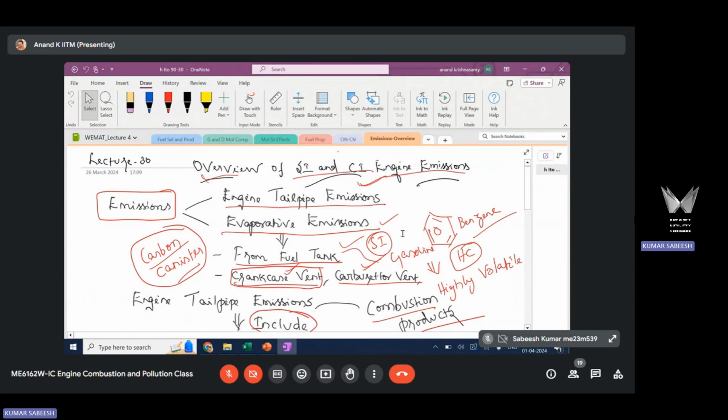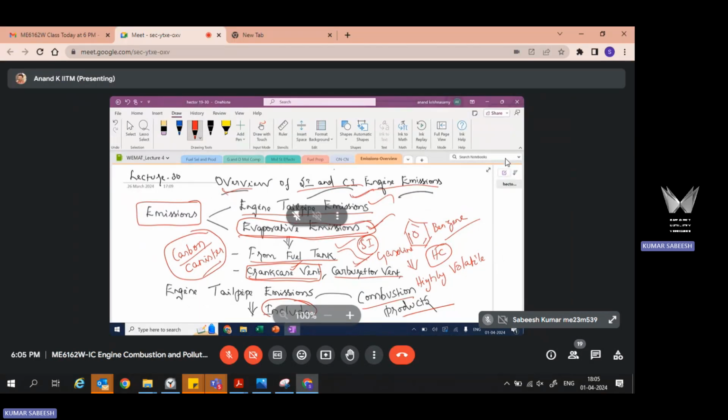The last class I have provided an overview of SI and CI engine emission. So we know these emissions from IC engines are broadly of two categories: tailpipe and evaporative emission. Evaporative emission has minimal effect and generally it is taken care of.